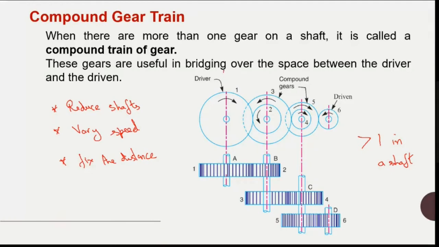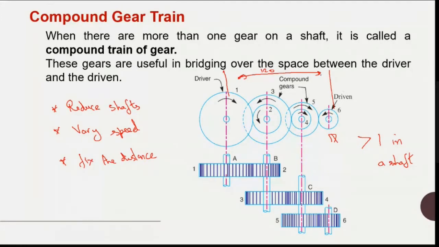For example, if I consider here, this is my distance. If it is 120 mm, we can fix this. Within this 120 mm, I may get different types of speed by varying the number of gears in the intermediate shafts. That is not possible for a simple gear train.